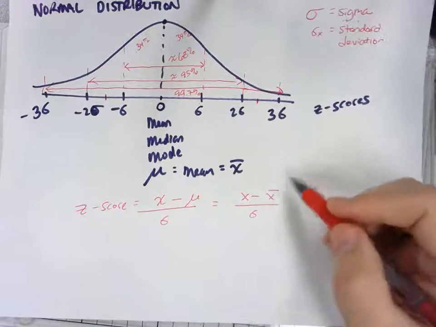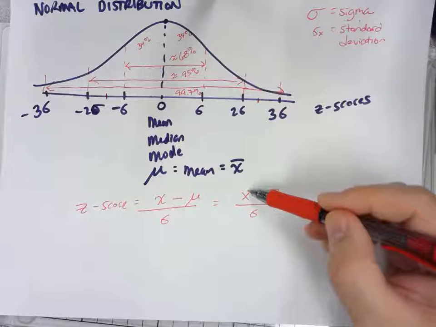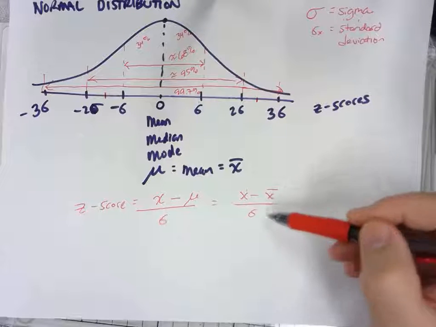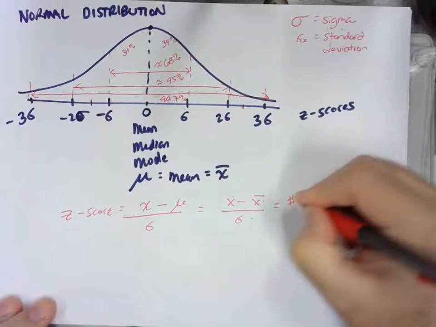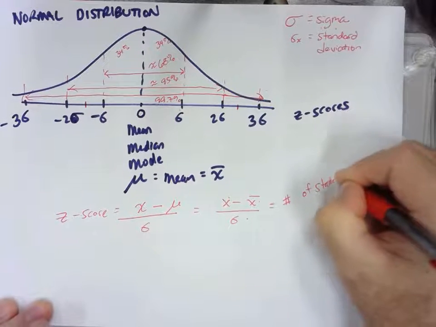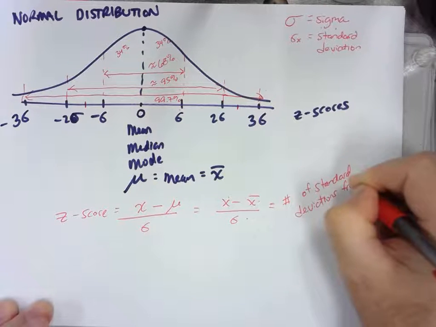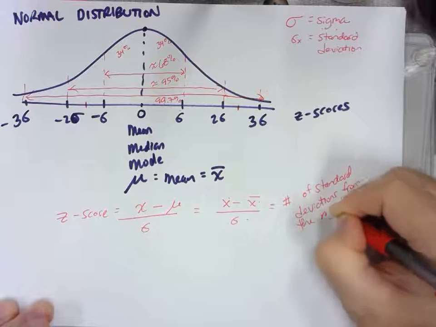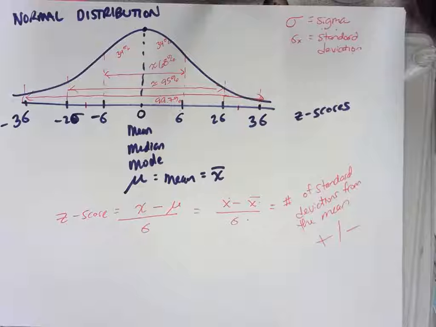So it's the value of the data point minus the mean divided by the standard deviation, and all that z-score is telling you is the number of standard deviations from the mean. It can be positive or negative. Positive sits to the right of the mean, negative sits to the left of the mean. That's all it is.